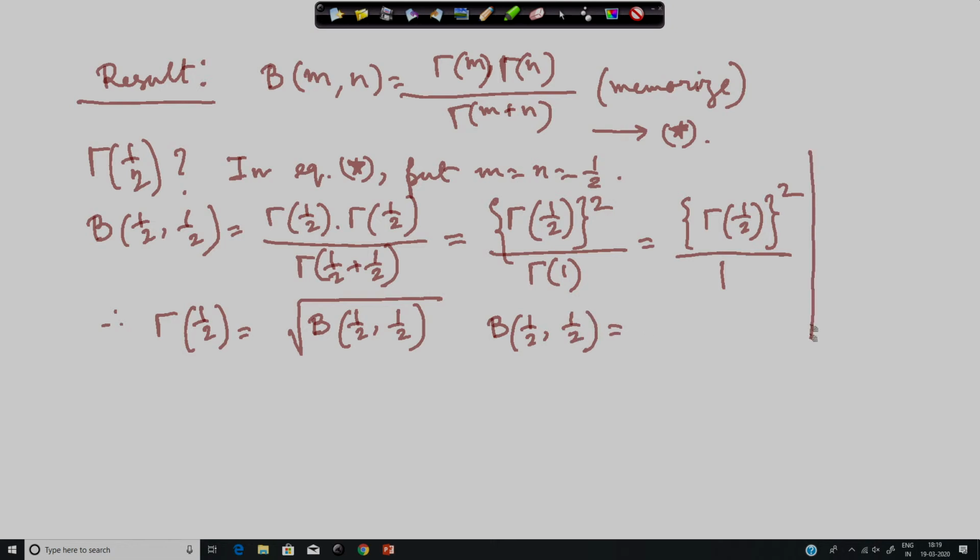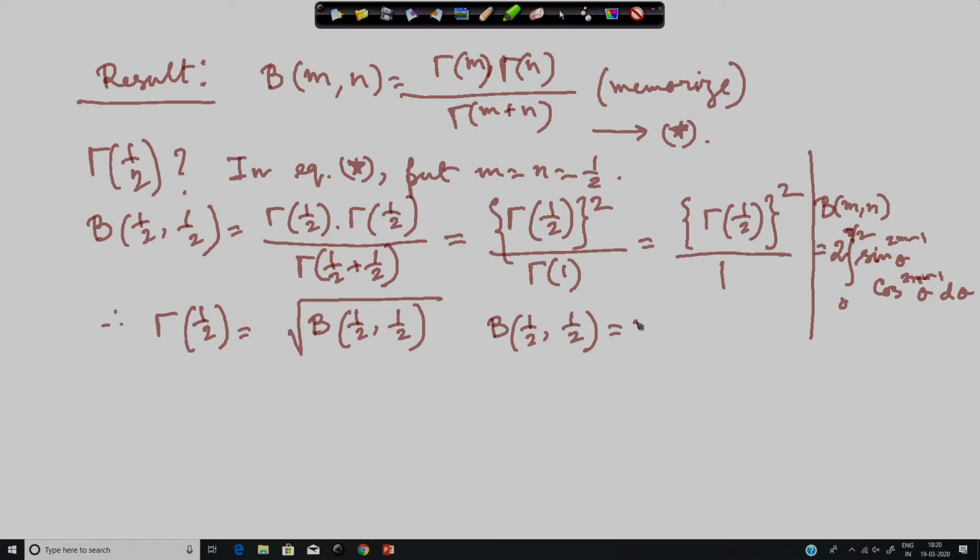We will use this form, beta m n equal to 2 integral 0 to pi by 2 sin to the power 2m minus 1 theta into cos to the power 2n minus 1 theta d theta.